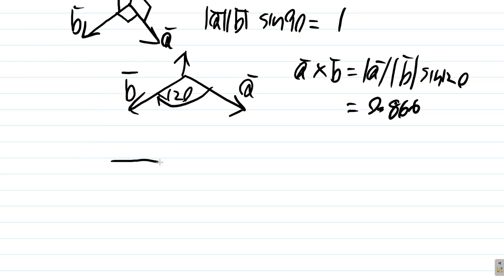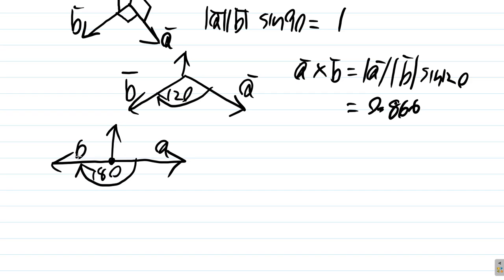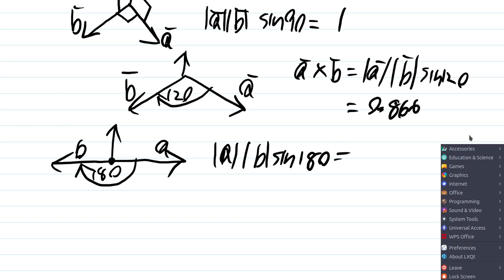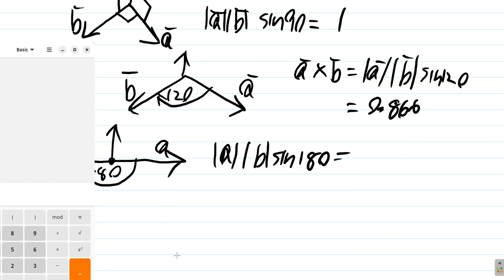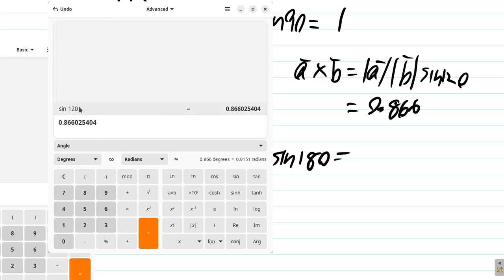Suppose now you have A and B at 180 degrees apart. So you have A, B here. You want A cross B. What would it be? Well, you have the magnitude of A times the magnitude of B, whatever they are, times sine 180. Now, what is the sine of 180 degrees?